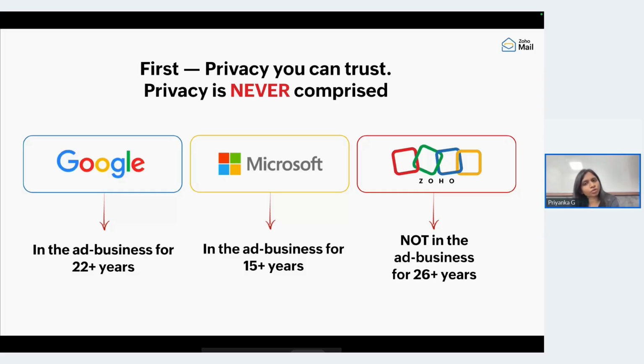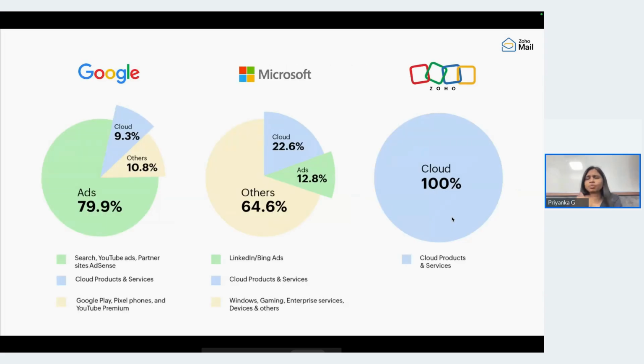And when you choose Zoho, you're not just choosing another email provider, but you're choosing a partner who respects your privacy. And here, as you can see, other providers would monetize in different ways, whereas Zoho does not monetize your data at any point of time. We do understand your data is just yours and we will never use it for unintended purposes.